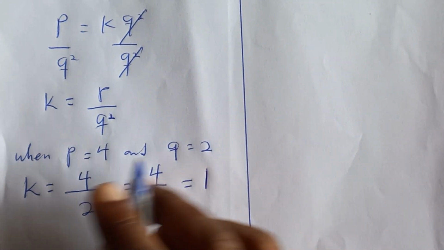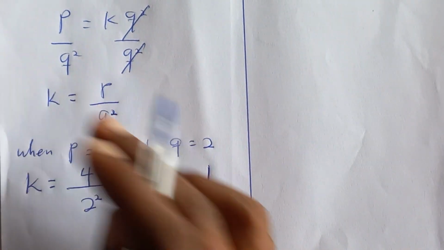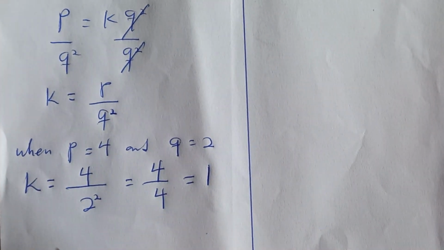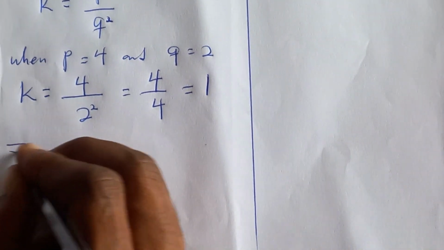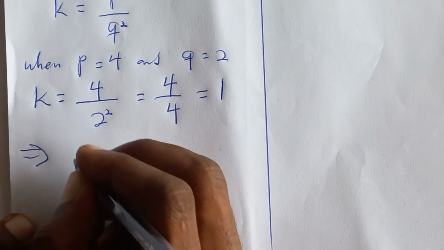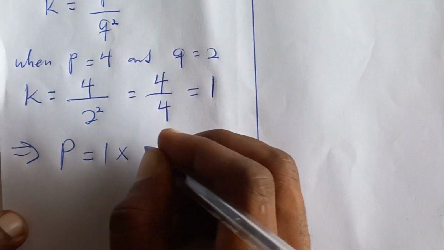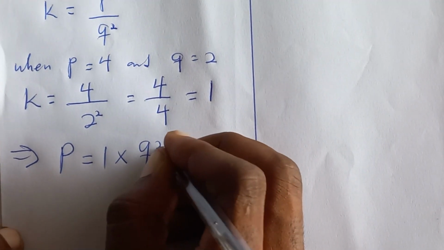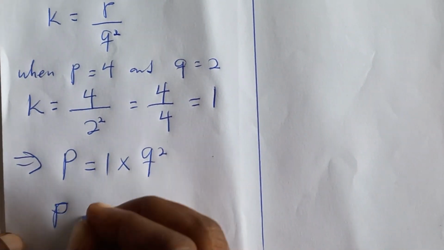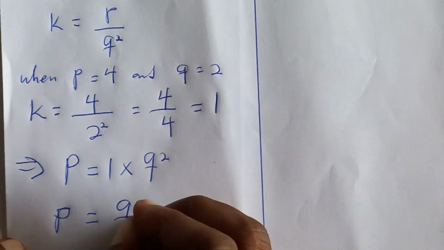So we have to put this back into the equation. We put k is equal to 1, so our equation becomes P is equal to 1 multiplied by Q squared, so P is equal to Q squared.